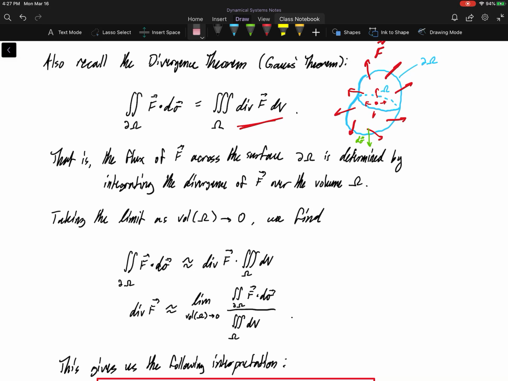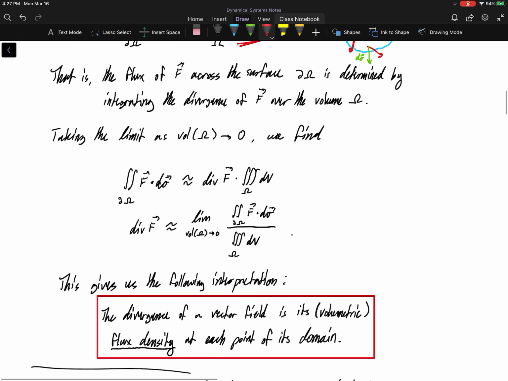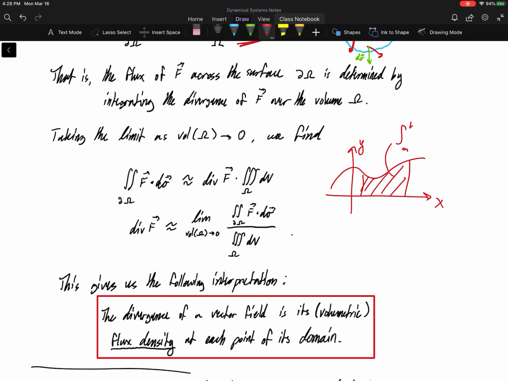If you want to think about that from a single variable calculus standpoint, think about a function y equals f of x. You could take an integral over this region, sure, and that would be the integral from a to b of the function. No problem.